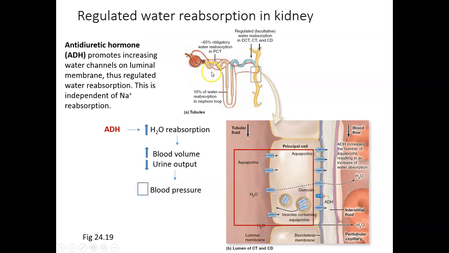Remember, we learned about it in the endocrine system. That hormone promotes the water channel aquaporin. The number of aquaporins is increased by ADH, and therefore the water reabsorption increases.